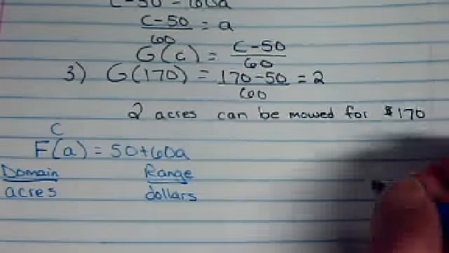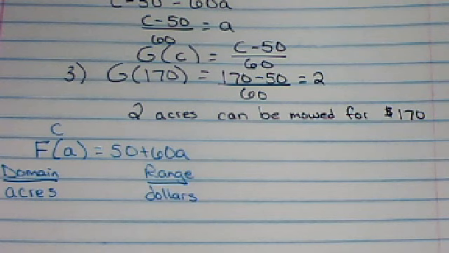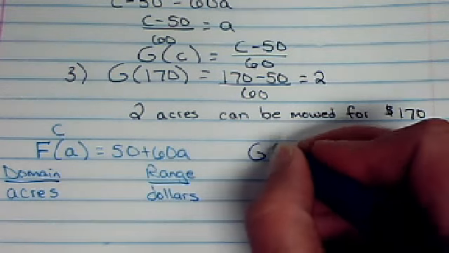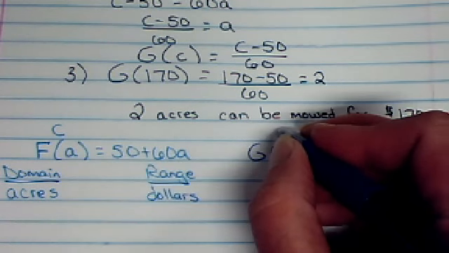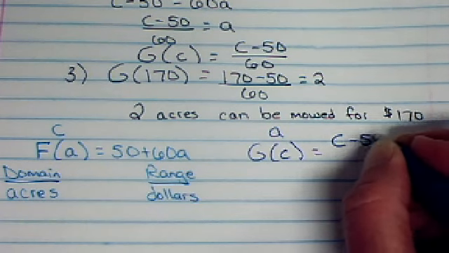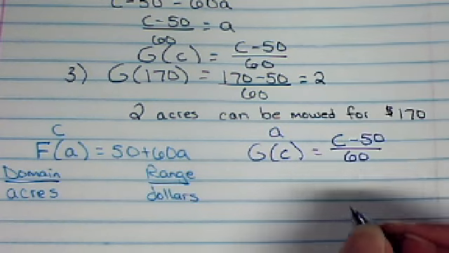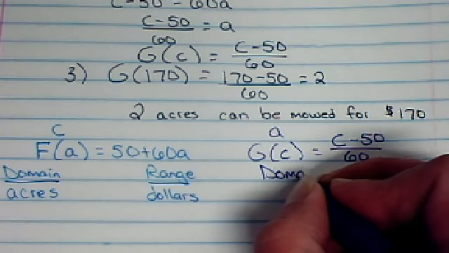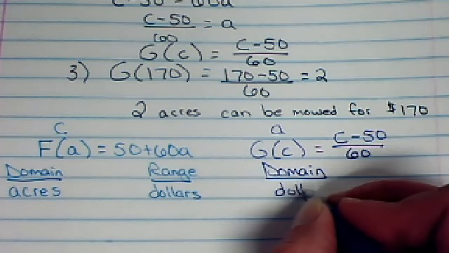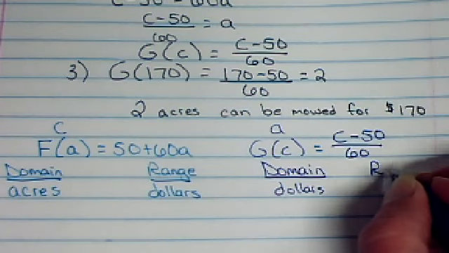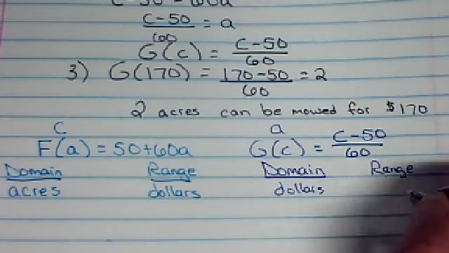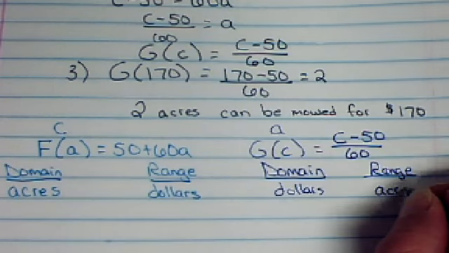On the other function, when we did the little switcheroo, g of c, which really gave me my A back, right, C minus 50 over 60, my domain is C, which is that cost in dollars. And what did I get out? Well, if I put in my cost, I got out the number of acres.